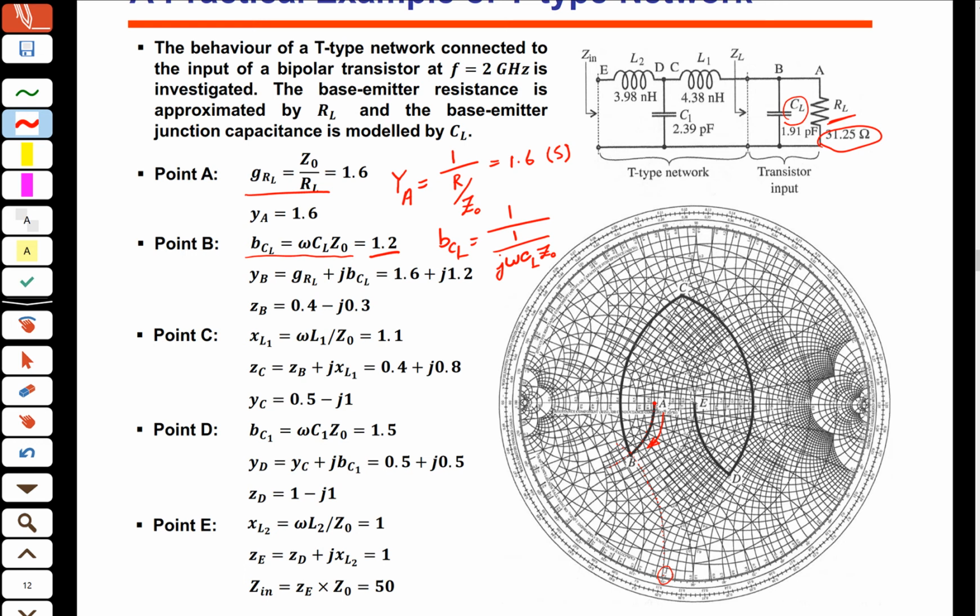Point B is admittance, conductance. Yes, it's conductance. It's G. Blue value. It is conductance. Yeah, true, it's a blue value.